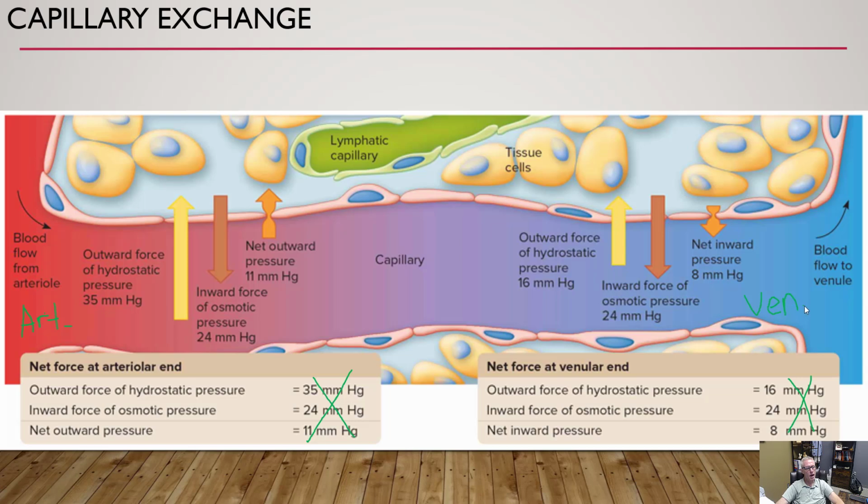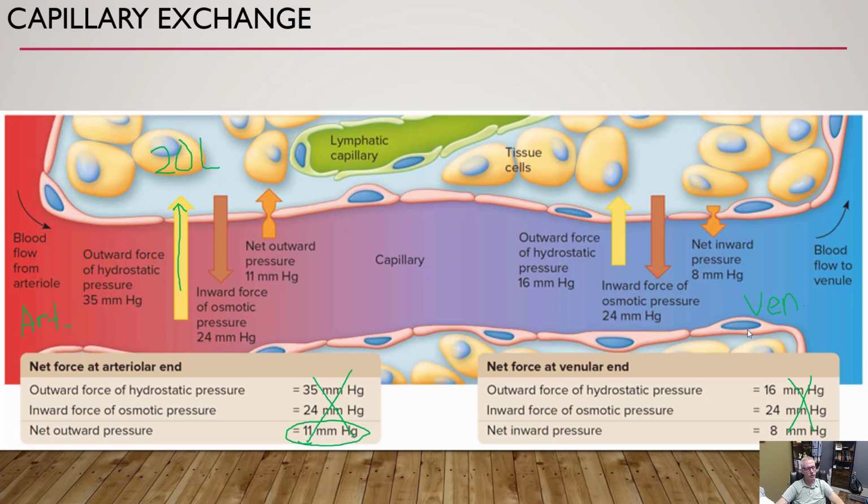So on the arterial side of the capillary, what we find is that we have a greater hydrostatic pressure than we do osmotic pressure. So we're going to push water out of our blood vessels, and it's actually going to be about 20 liters of fluid per day.